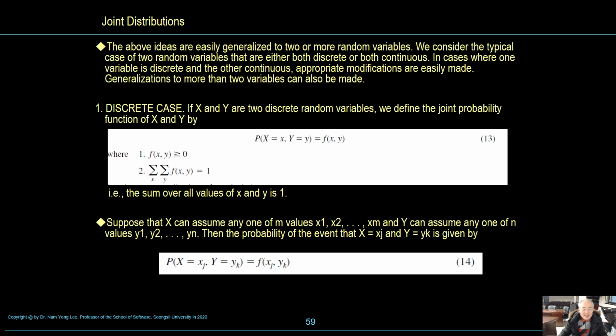If X and Y are two discrete random variables, we define the joint probability function of X and Y by P(X = x, Y = y) = f(x, y), where f(x, y) is greater than or equal to 0, and the summation over x and the summation over y of f(x, y) is equal to 1.